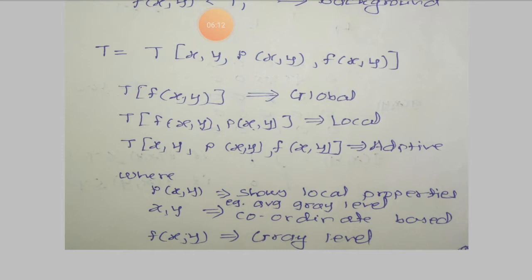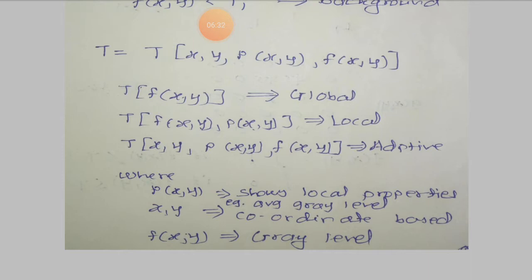So if my threshold value just depends on f of x y, meaning the gray level value, it is called global thresholding. As we have seen in the simple example above, that is global thresholding, because the threshold values just depend on the gray level values.